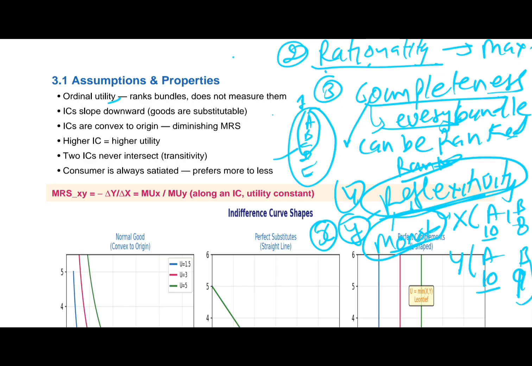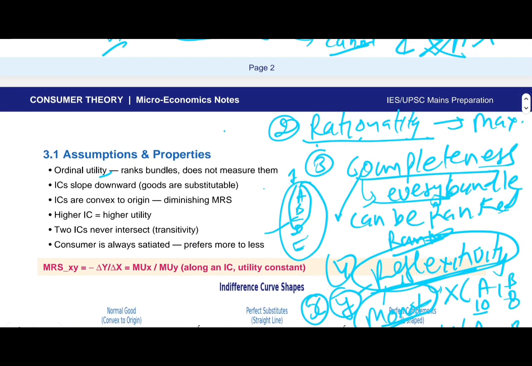So here we have introduced the concept of the indifference curve. What is an indifference curve? An indifference curve tells us about all those combinations of goods which give the same level of utility.